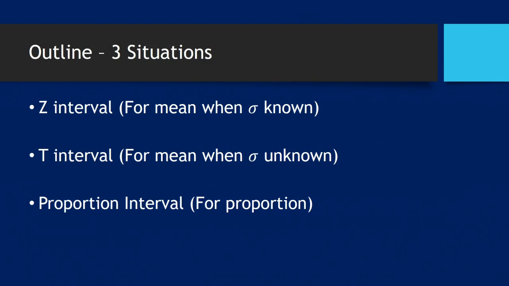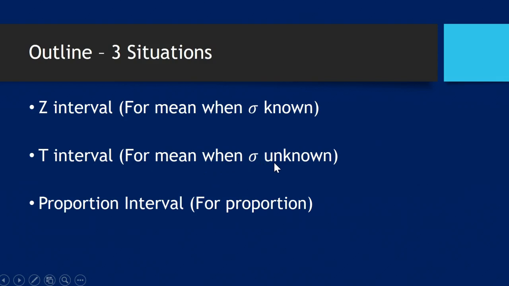So we're going to have two different intervals when we're dealing with averages. One is called the z-interval and the other is called the t-interval. Now the z-interval you should use only when you know the population standard deviation. We use the t-interval when we're talking about averages, and we don't know the population standard deviation.